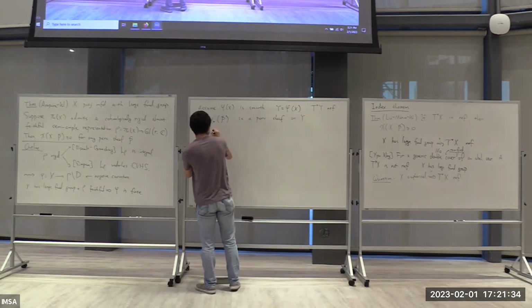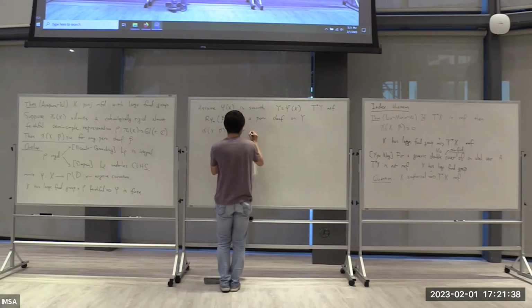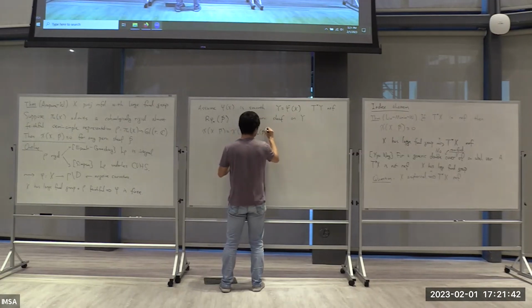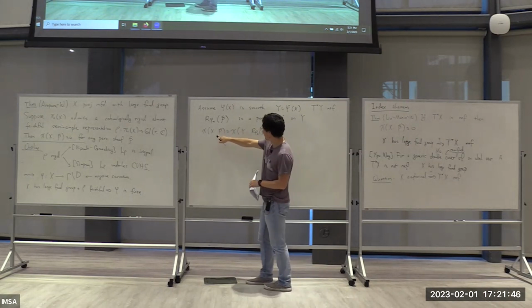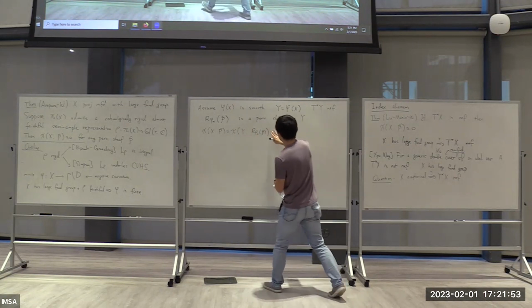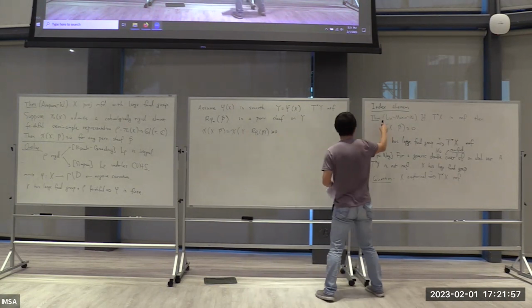Now the pushforward doesn't change the characteristic cycle. So the characteristic cycle of the pushforward on Y is negative by this result.